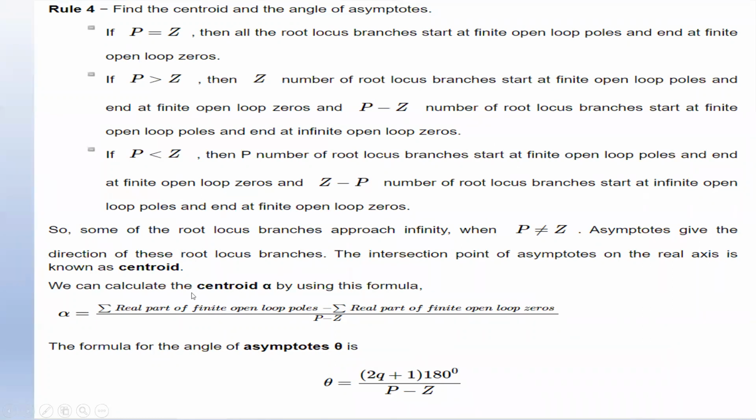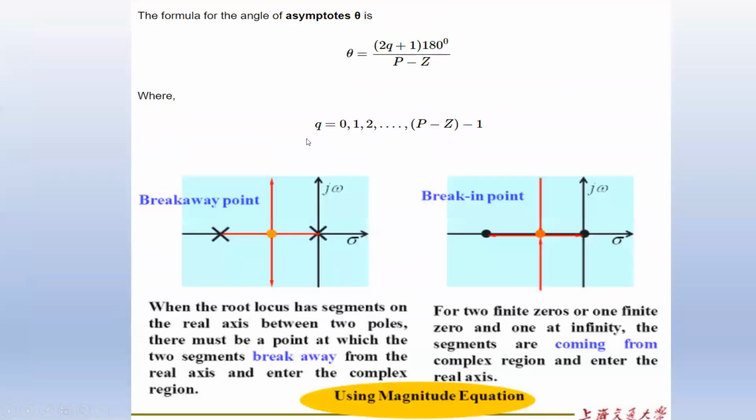The centroid of these asymptotes can be calculated by the summation of the real parts of finite open loop poles minus the summation of the real parts of finite open loop zeros. So this is how we can find out the centroid of the asymptotes.